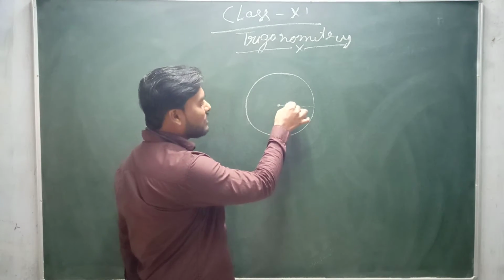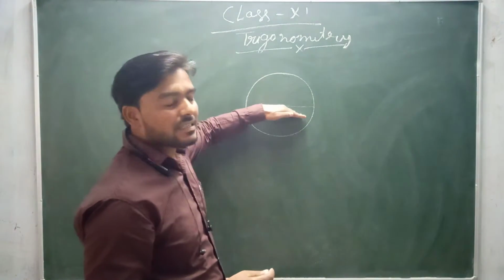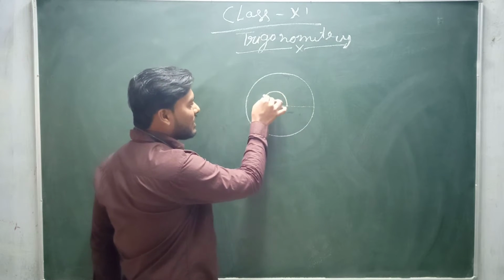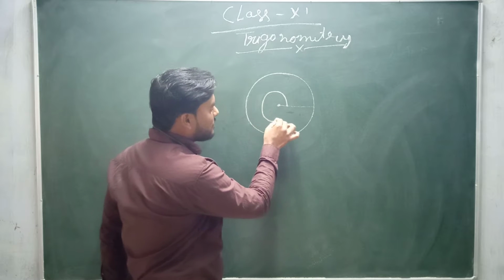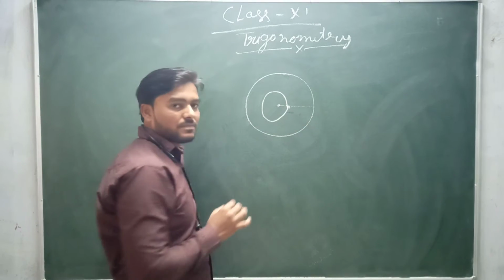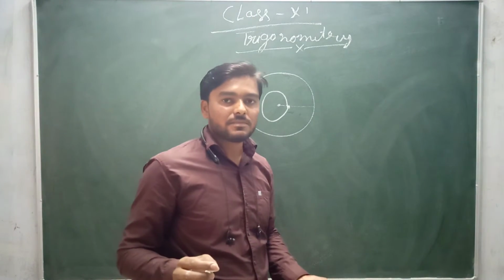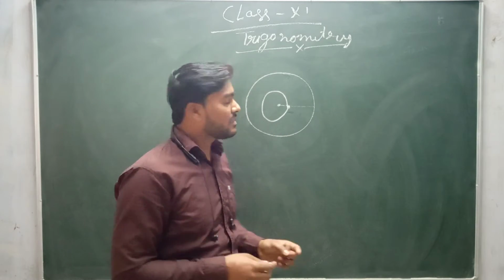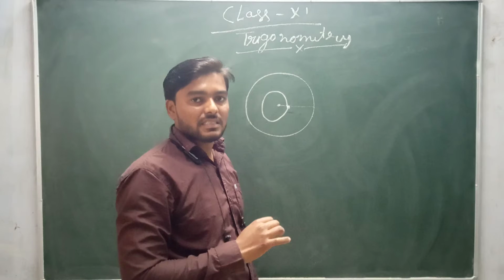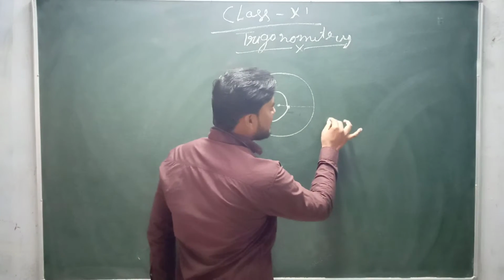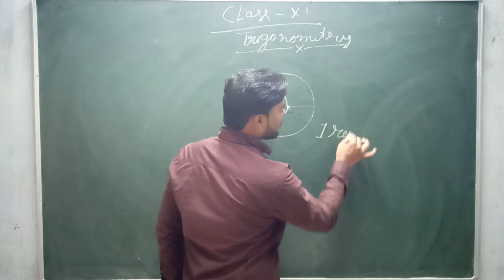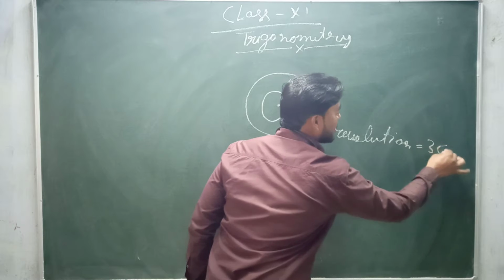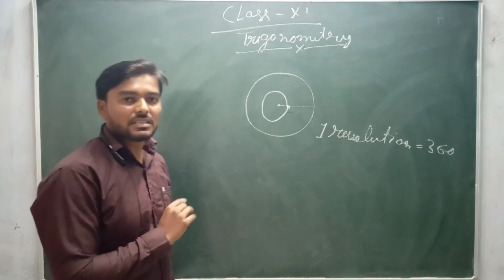When we start from here, the anti-clockwise direction will be positive, and up to here it is 360 degree. That is one revolution, which means one revolution is equal to 360 degree. You know it?